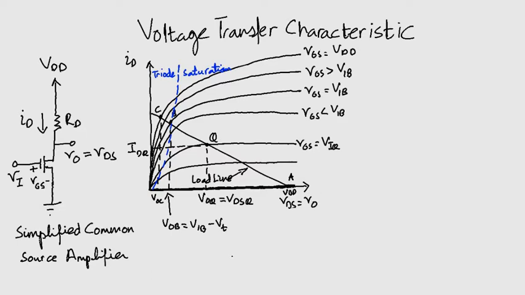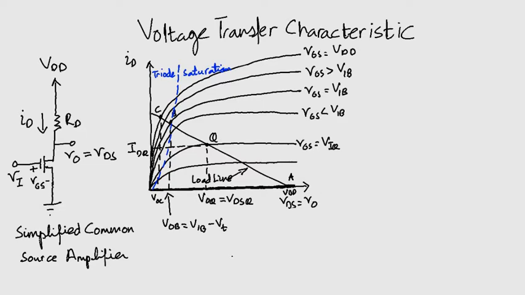So let's start. This figure is actually the MOSFET ID-VDS characteristic curves for different values of VGS over which a straight line is superimposed, and this line is called the load line. This line intersects the VDS axis at VDD and has a slope of -1/RD.